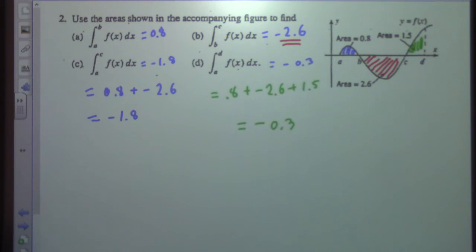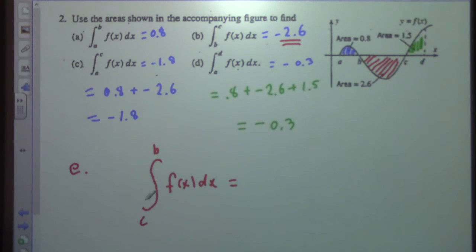And then to Hannah, was that your question on the other one, about if those are negative? Let's say we take this one, part B, and we make it instead, we'll call this part E, from C to B of f of x dx.